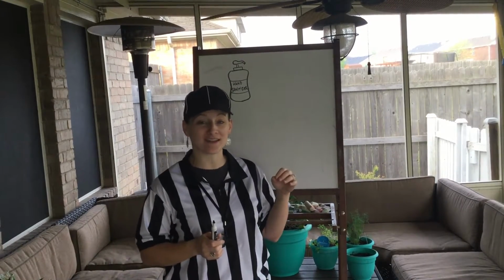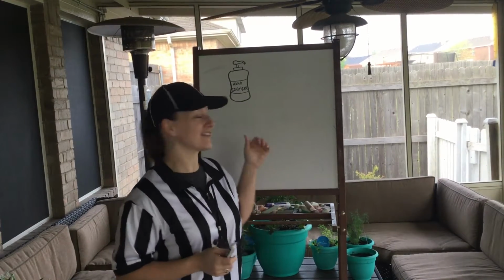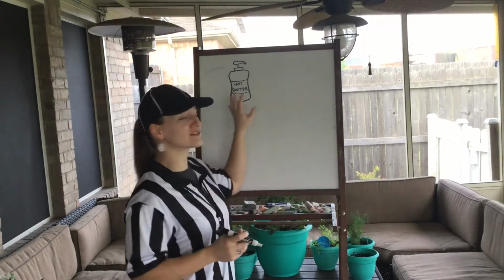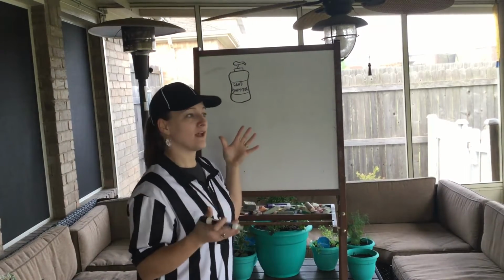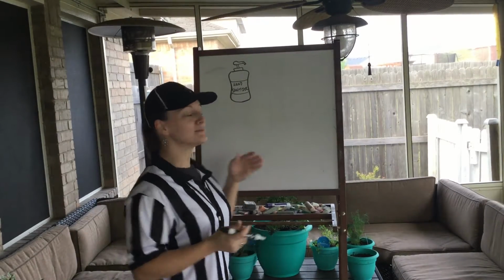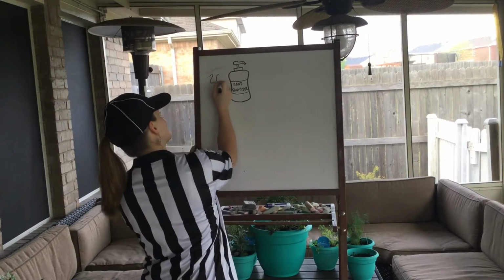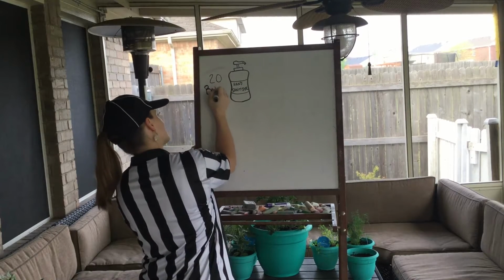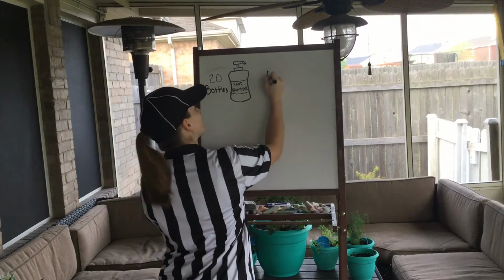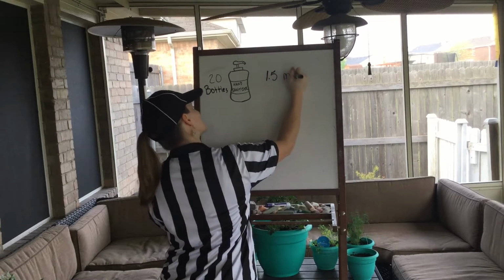called proportions today. So I figured it'd be kind of funny to think about hand sanitizer because we know we all want some. So if we have a company, a factory, that's wanting to make hand sanitizer, and say they can make 20 bottles of hand sanitizer every 1.5 minutes.